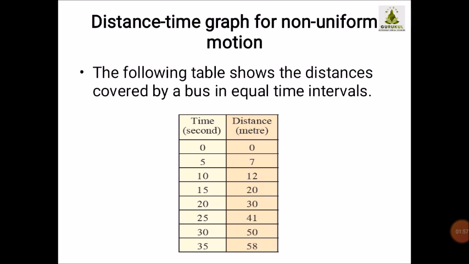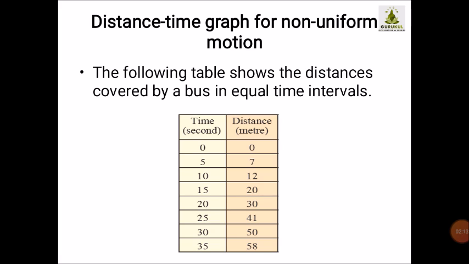Even if the distances were 10, 20, 30, 40, 50, 60 meters, multiples of the same number, then the distance would have been equal. But here, look at the distance covered by the bus and the time interval.